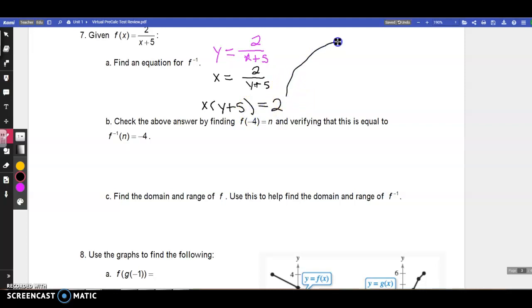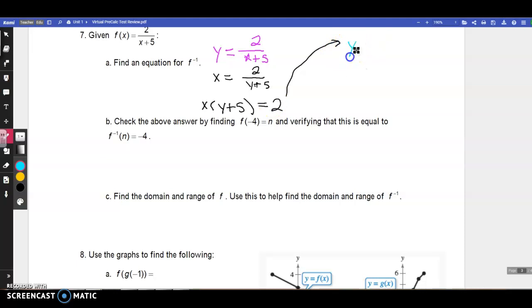All right, I'm going to come back up here. Now what? Well, remember, what is your goal? Your goal is to get y by itself. Okay, so we have a couple options algebraically. Algebraically, we could take this x and distribute it. But if my goal is just to get y by itself, let's just get rid of this x. How could I get rid of the x? Well, this is x times all of this. So to get rid of the x, I'm just going to divide.